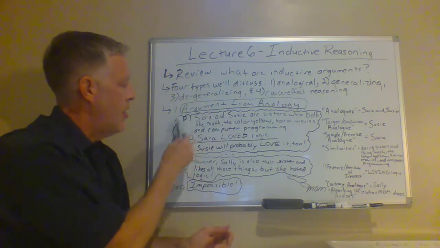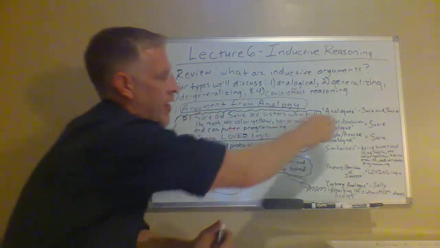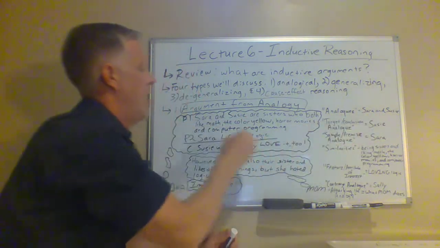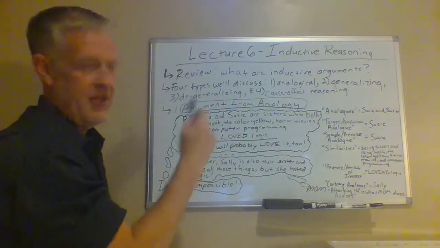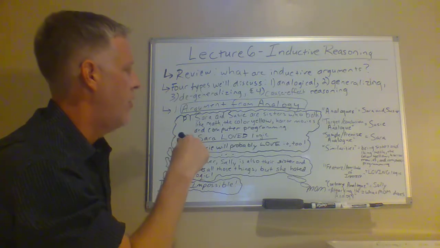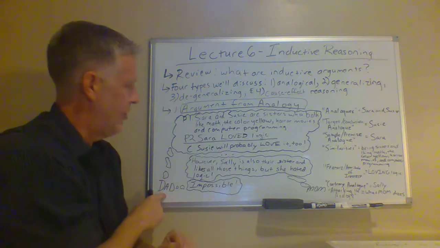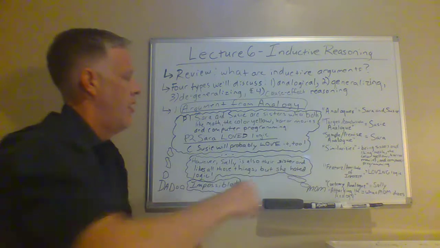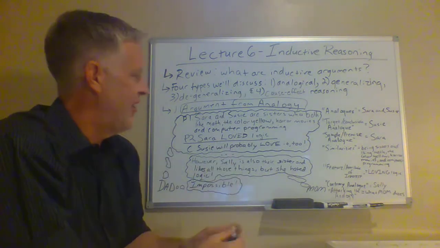The person's pointing out that these two analogs, the things being compared, in this case Sarah and Susie, have all these things in common. Let me read this sentence here: Sarah and Susie are sisters who both like math, the color yellow, horror movies, and computer programming. And by the way, envision dad saying this, for whatever reason, as mom and dad are discussing these sisters and their prospective college courses for the next semester or something like that.